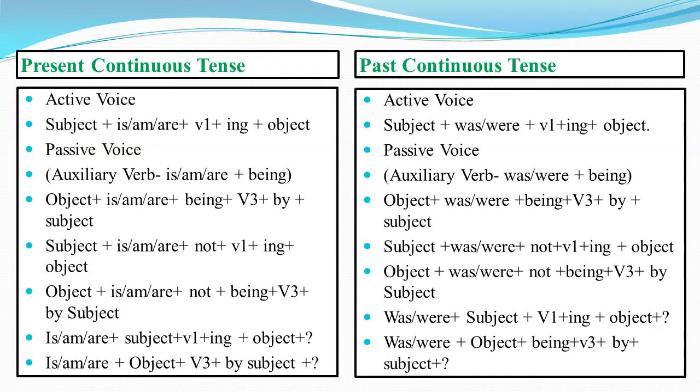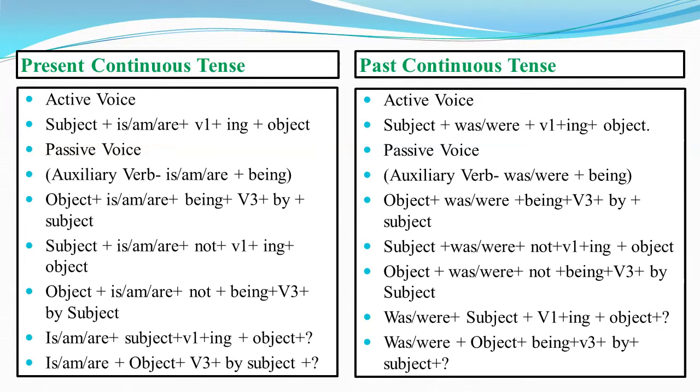Okay, and then the negative sentence. In active voice, we will write subject first, then is/am/are, then not, then first form of verb plus ing, and then object. And in passive voice, we will write object first, then is/am/are plus not, and then being, and then third form of verb and by and subject.